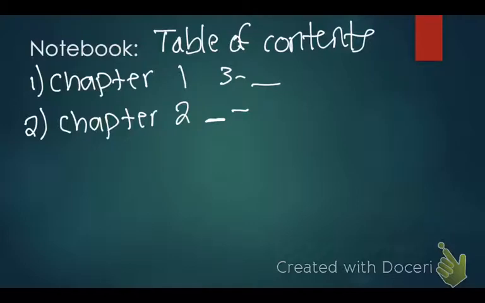Under chapter 2, we're going to write two-step equations. Again, you're going to write the page you're on through, and we still don't know what that is. You're going to come back and fill that in a little bit.